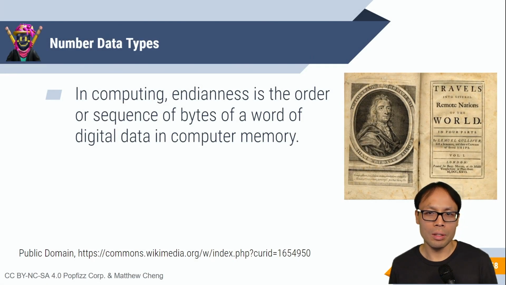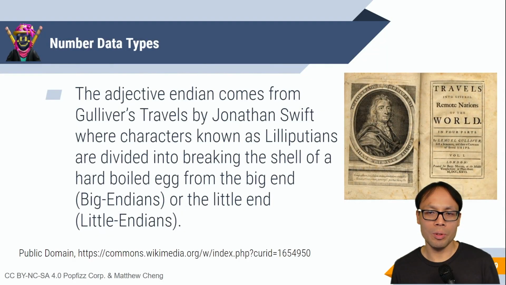Now in computing, endianness is the order or sequence of bytes of a word of digital data in computer memory. This adjective, endian, comes from Gulliver's Travels by Jonathan Swift, where characters known as Lilliputians are divided into breaking the shell of a hard-boiled egg from the big end, and he called them big endians, or the little end, which he called little endians.